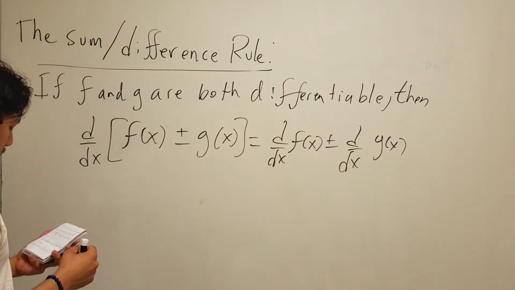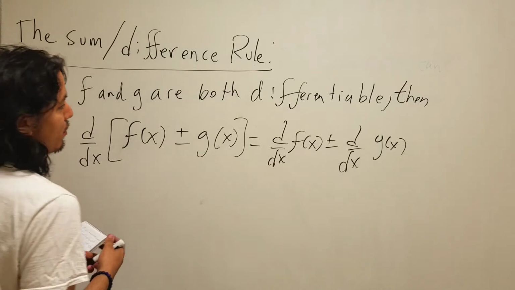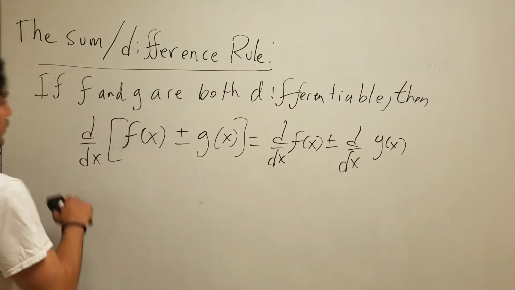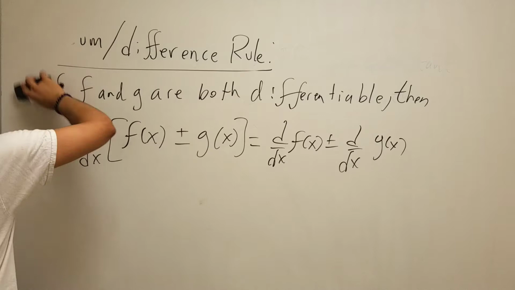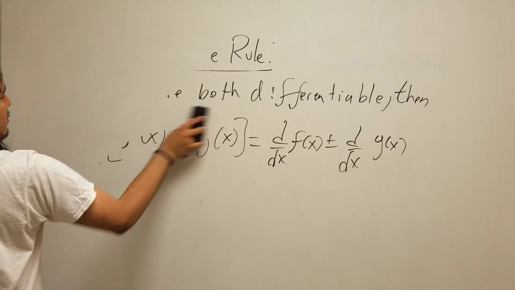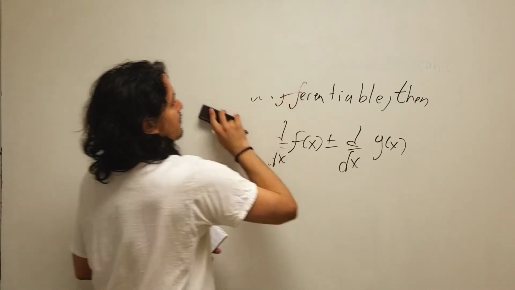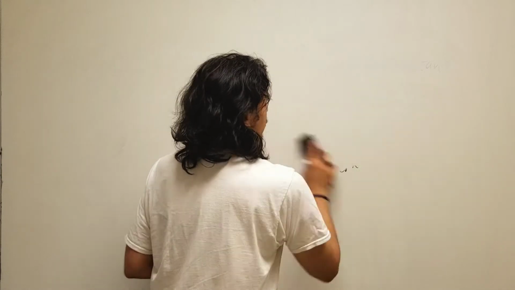So we're going to write an example of this. Let's use this example real quick. You're allowed to distribute the derivative into a long polynomial.